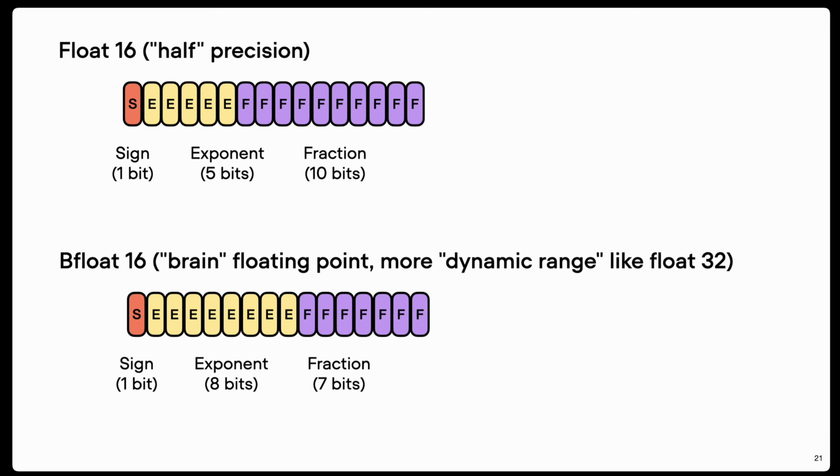Now, brain float 16 is a special version of float 16. Not all GPUs support that, but if your GPU supports it, I would usually recommend that one. It usually can represent larger numbers. It has even a bit less precision, but you get a larger dynamic range, exactly the same dynamic range that float 32 has.